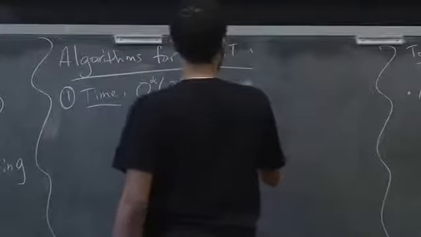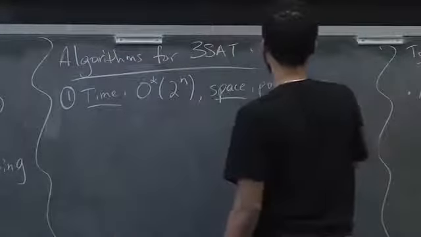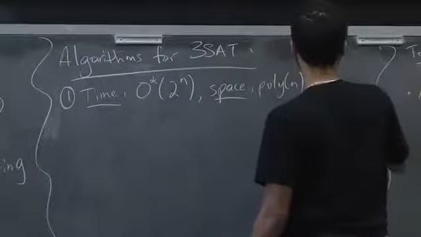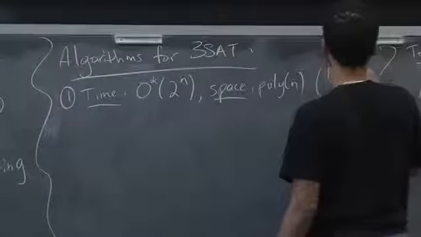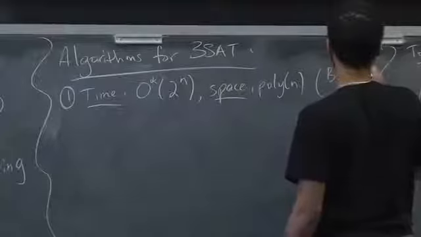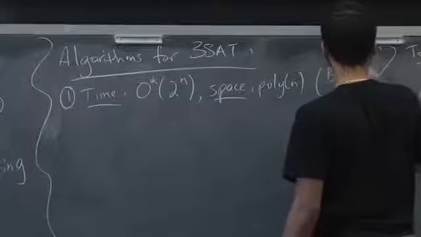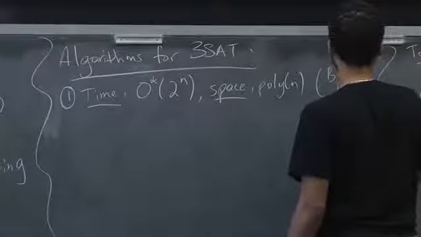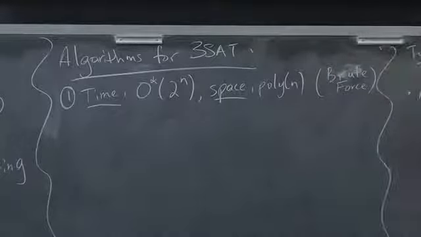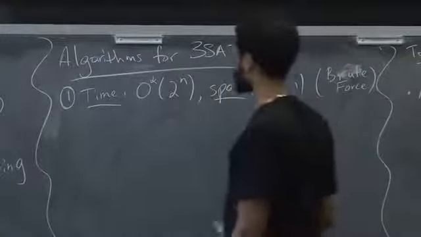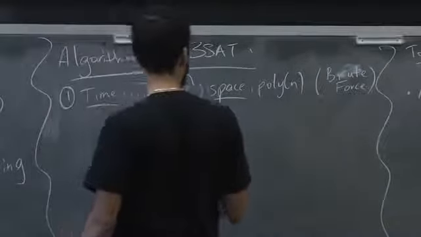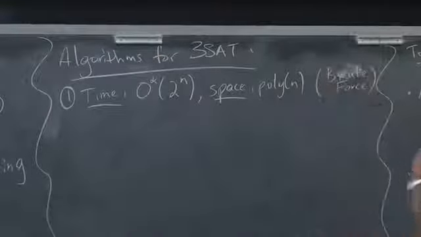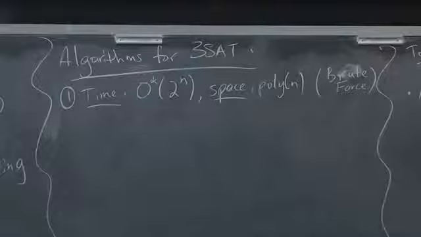Space is poly n. This is brute force. Okay, so let's look at how to do just a. We're still going to do brute force at first, but we're going to do a pruned version of brute force.